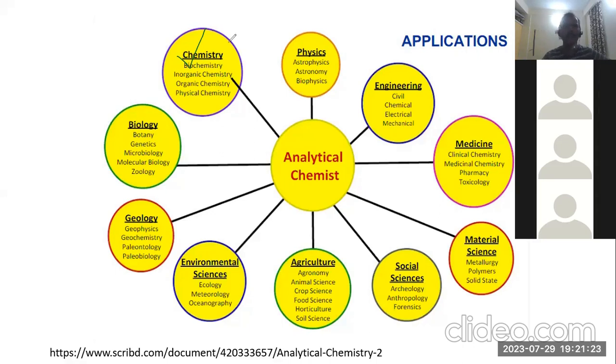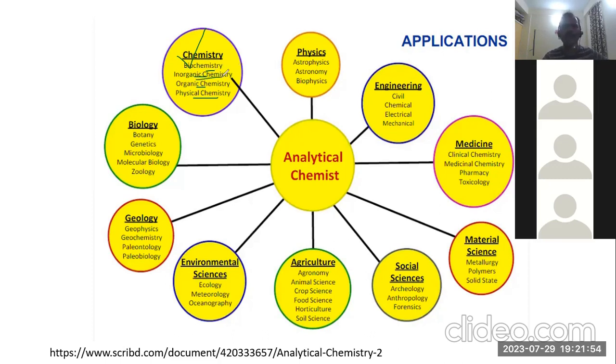Okay. So first of all, all branches of chemistry, like biochemistry, inorganic chemistry, organic chemistry, and physical chemistry, require analytical knowledge or use of analytical chemistry. In biochemistry, we need to analyze how many types of proteins or hormones are being generated in cells, and this can be measured by analytical chemistry.